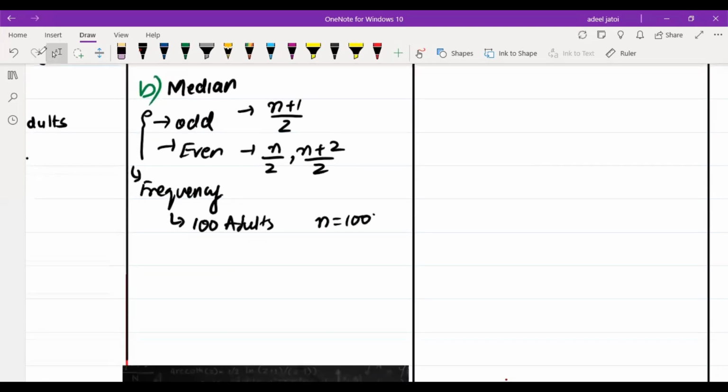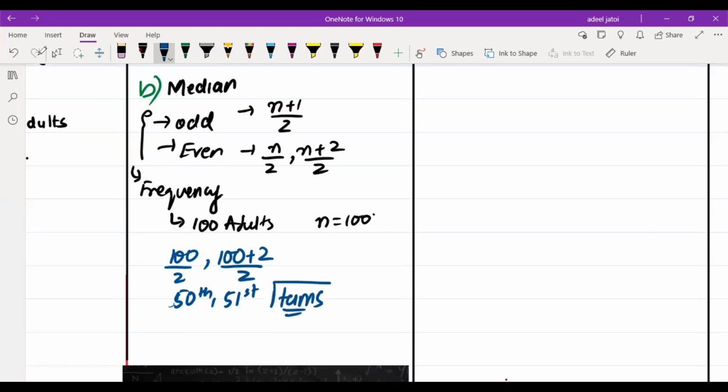So we are going to use the even data, which is 100 upon 2, comma, (100 plus 2) upon 2, which will be the 50th and 51st terms. Now, these terms will be found through the frequency.